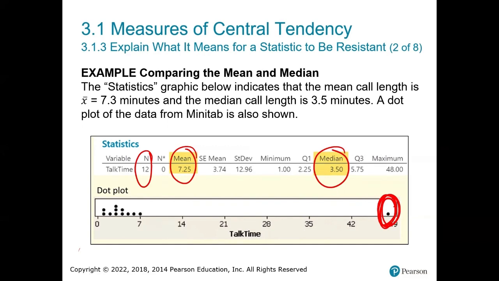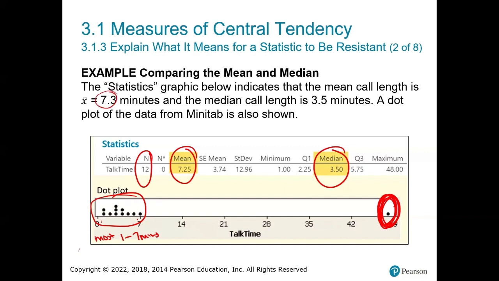So this one really long phone call skews the rest of my data. The rest of my data is between 1 minute and 7 minutes. Most of my phone calls are between 1 and 7 minutes. This one value pulled my average up above 7 minutes.